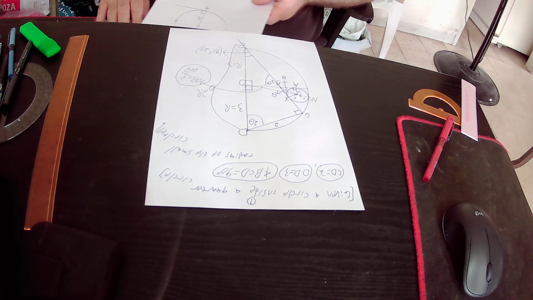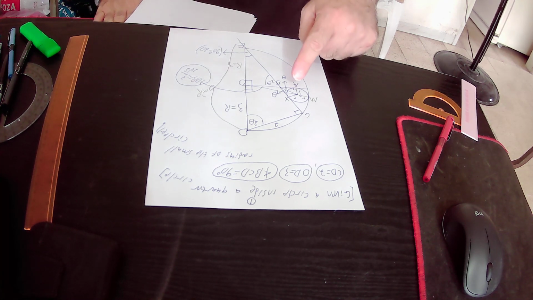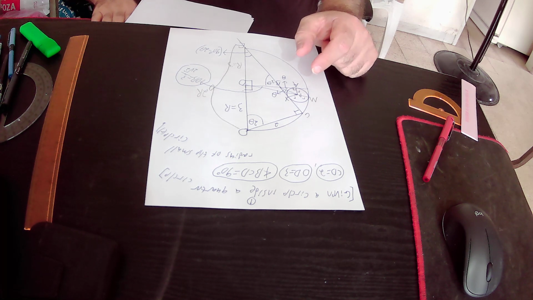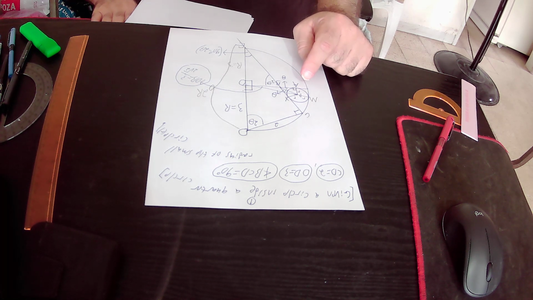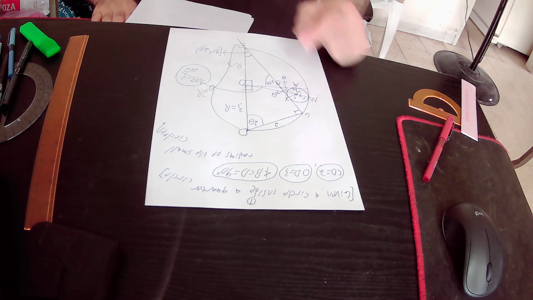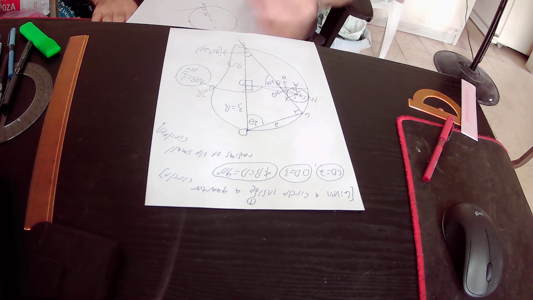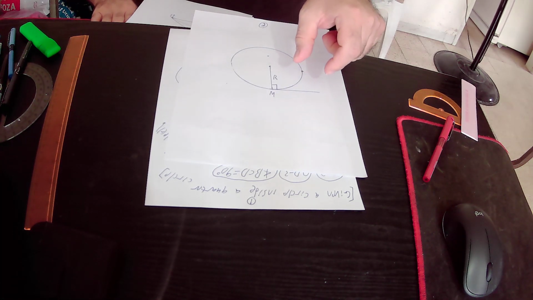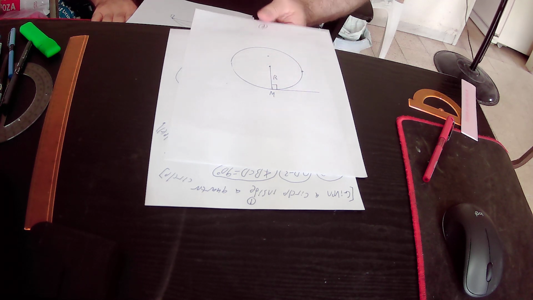And actually triangle ABP is a right triangle because tangent BA is tangent to the small circle at point A, and AP is the radius. And we have the rule that a tangent to a circle and the radius are always perpendicular to each other, so this angle is 90 degrees.